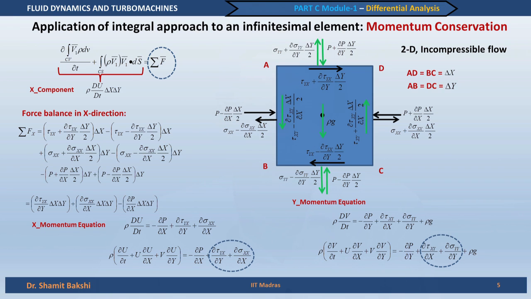This brings us to the end of the first lecture of the third week, where we dealt with differential analysis. We started with the integral approach and applied it to an infinitesimal control volume. Then we looked at the left hand side of the conservation equation from the integral approach, that is the Reynolds transport theorem.